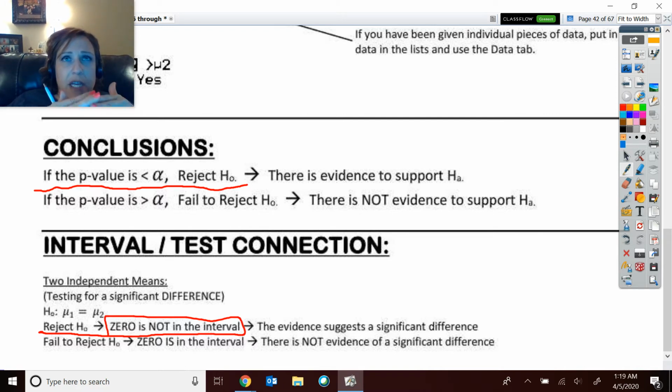If we rejected H0, then we are saying there is a significant difference, and the HA tells us there is a significant difference between those two means. So 0 is not in the interval because it's going to be completely above or below 0.